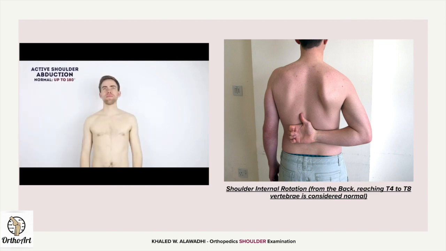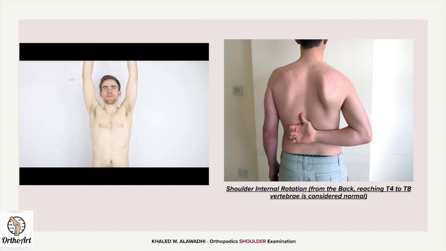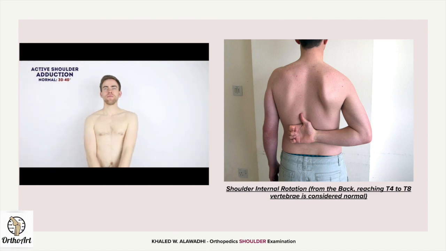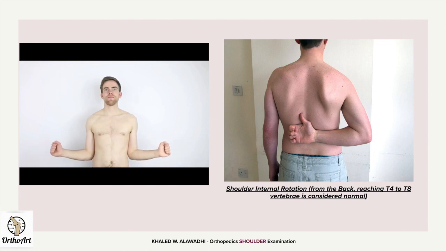And now bring your arms out to the side and all the way to the top like this. Brilliant. And take your arms back down and bring them across your body. Fantastic, and relax. And now tuck your elbows in like this and bring your arms out and then across your body like this.